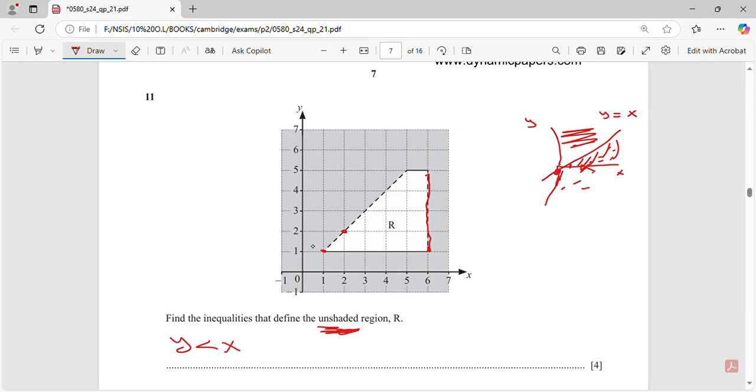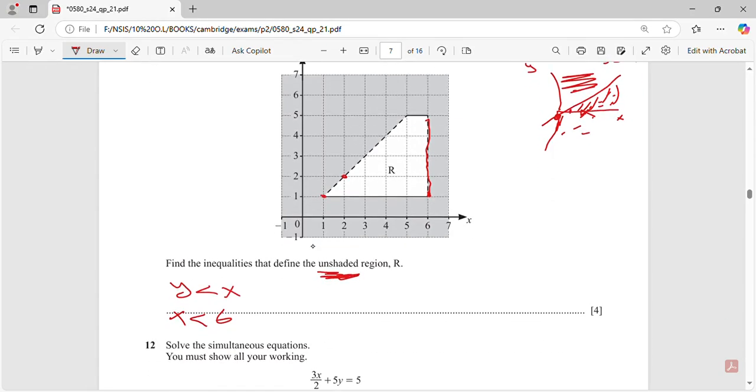Okay, now for this line, which is x equals 6, I shaded the left side. So is it x smaller than 6 or x greater than 6? Smaller. So the next one will be x smaller than 6.